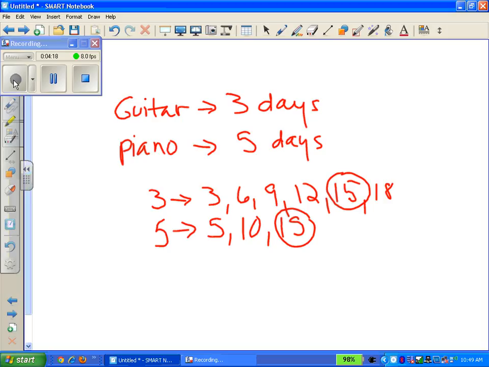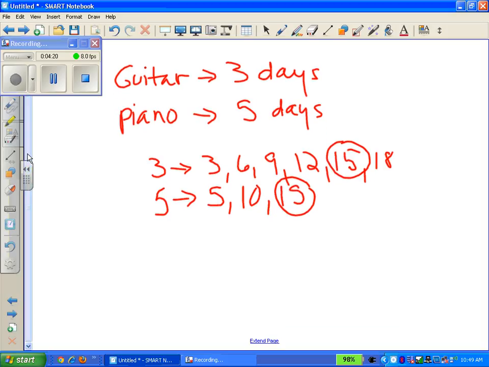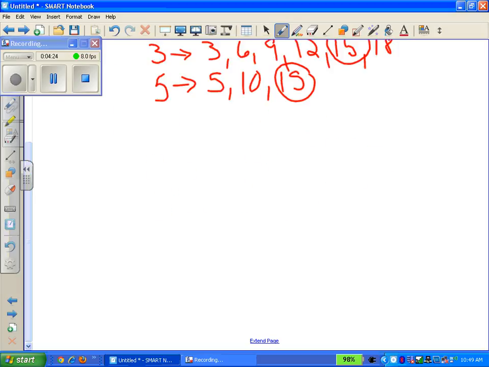So now we can figure this out also, if you choose to do it this way, by using prime factorization. Well, this is a real easy one, 3 and 5. So really the only thing you can do is 1 times 3, and 5 would be 1 times 5.